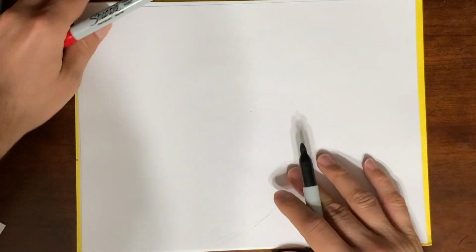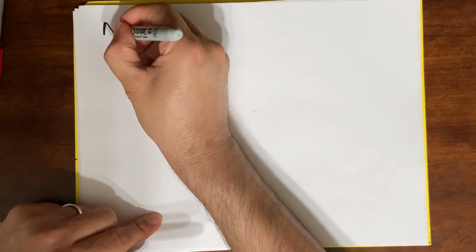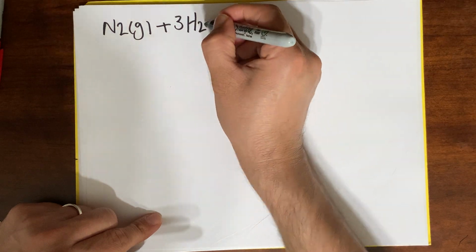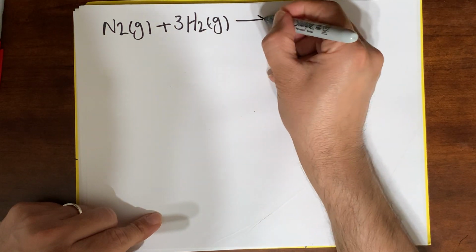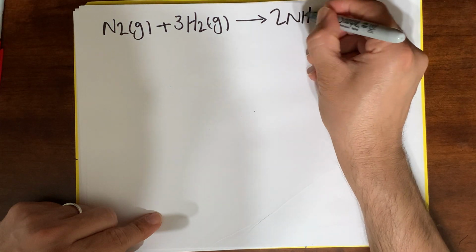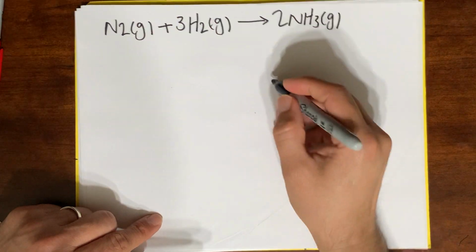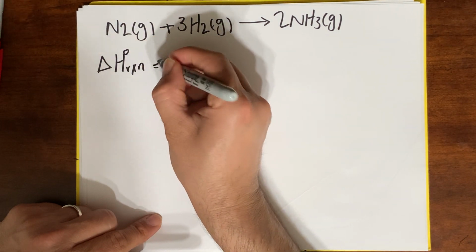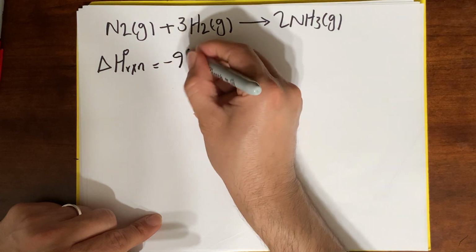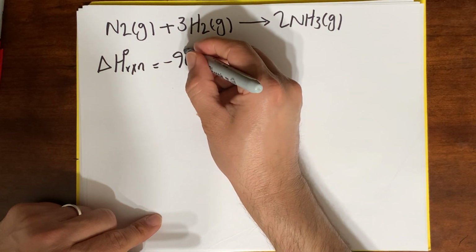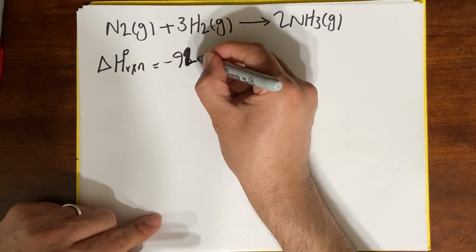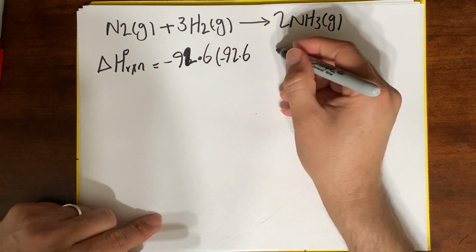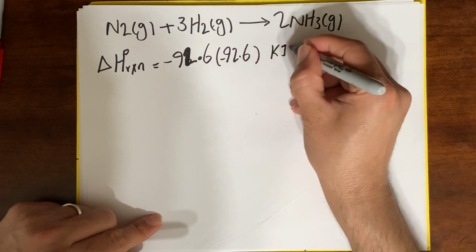We have a reaction: N2 gas plus 3 mole H2 gas gives 2 mole NH3 gas. Delta H of this reaction is equal to minus 92.6 kilojoule over mole.